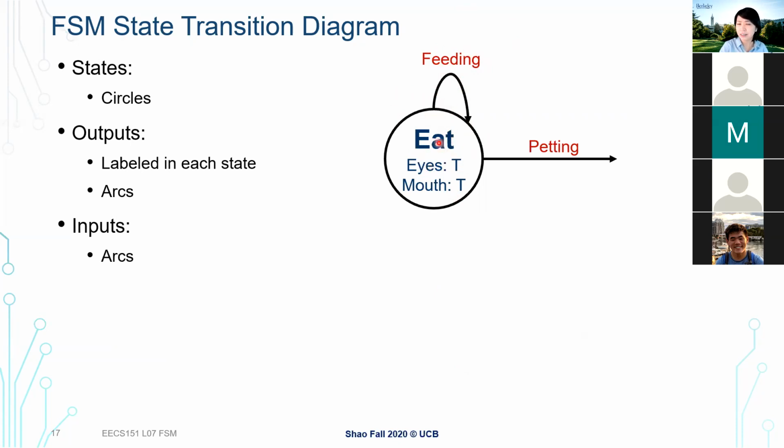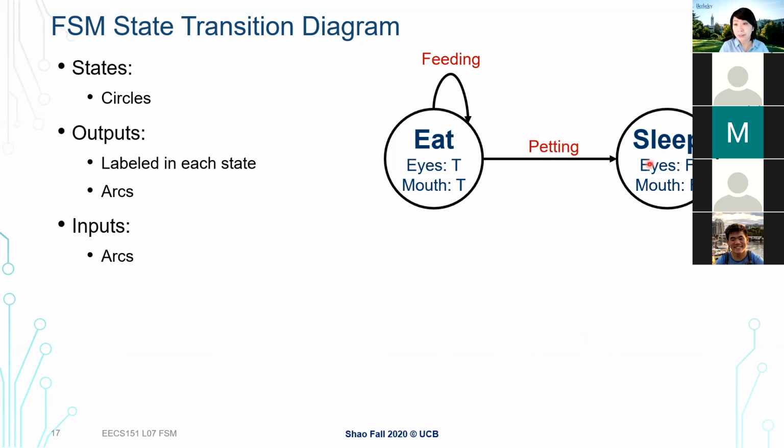But if while the cat is eating you start petting the cat, then let's say our very nice cat will transition into the sleeping mode, because he has had enough. So this is basically how, based on the external input, my circuit transitions between different states. Here we're transitioning from the eating to the sleeping state because externally we get this petting input.